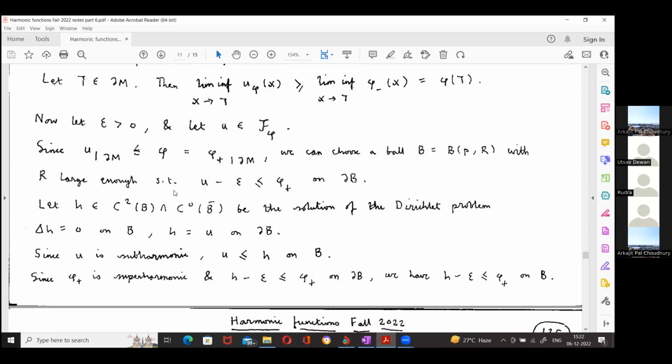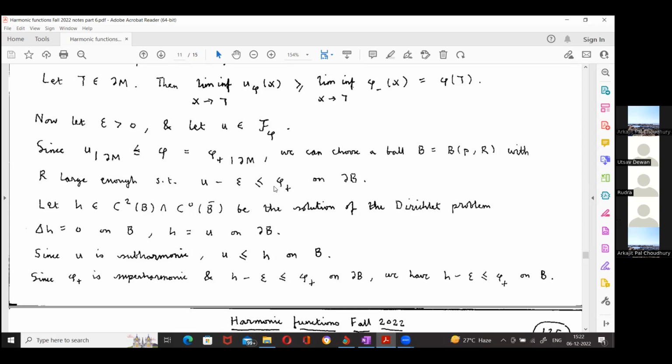But now u minus epsilon is subharmonic and phi plus is superharmonic. So if you have this inequality on the boundary of the ball B, then you will have the same inequality on the whole ball B. Is that clear?